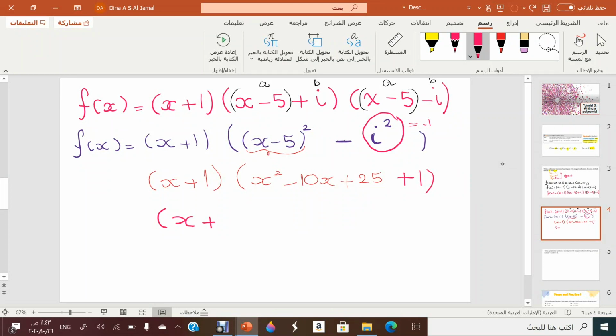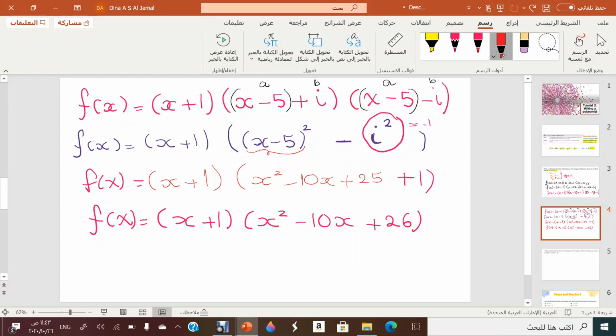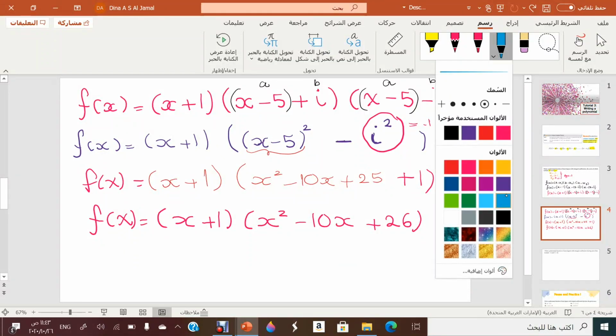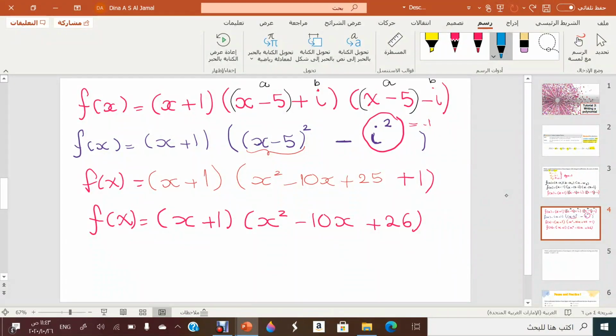x plus 1, x squared minus 10x plus 26. So all of this is equal to f of x. Let us now distribute and simplify it further.